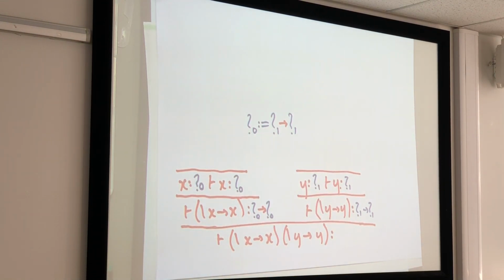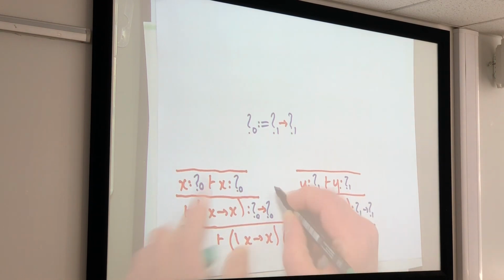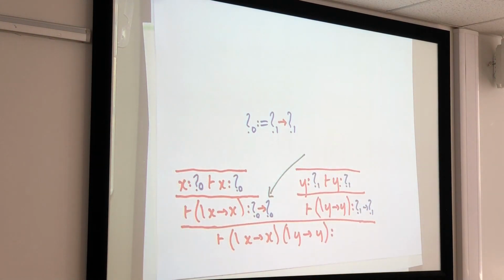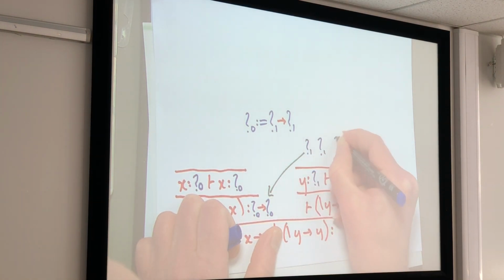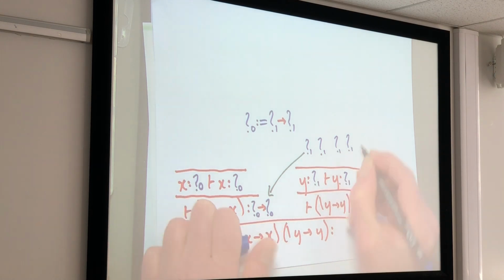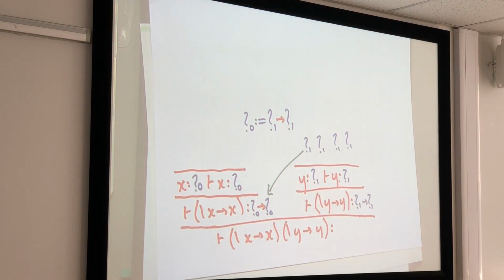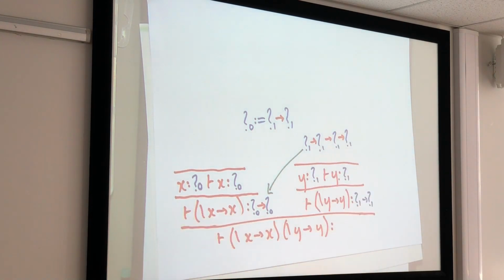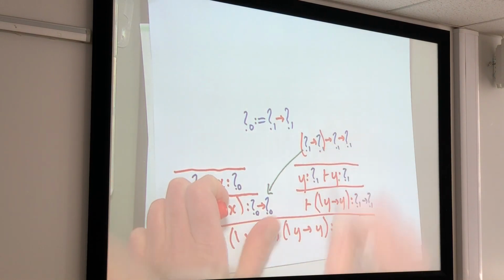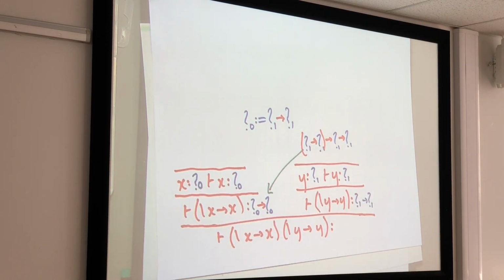So this type here has now become question mark 1, to write lots of arrows in, and some parentheses. Yeah? So the constraint tells us what substitution we have to make.